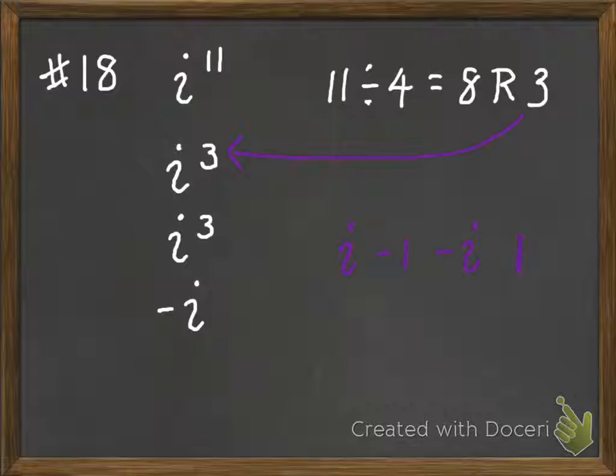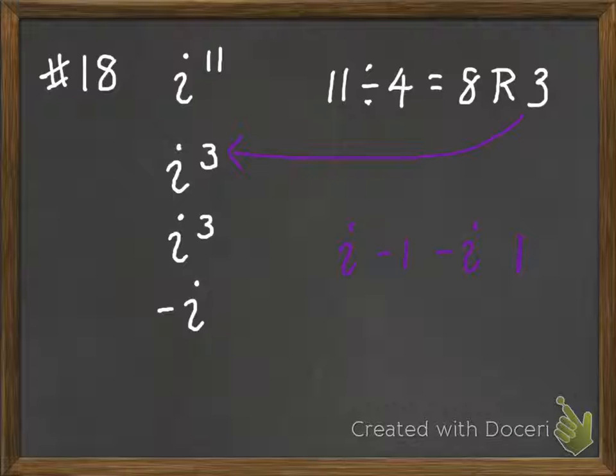Finally, number 18 wants us to simplify i to the power of 11. Well, let's see how many cycles of 4 are in 11. 11 divided by 4 is 8, remainder 3. So our new exponent is 3.